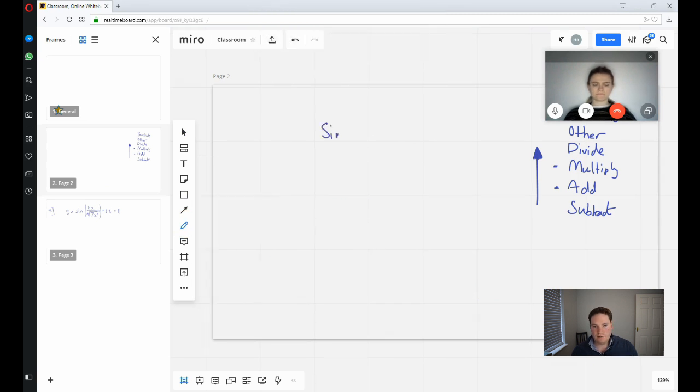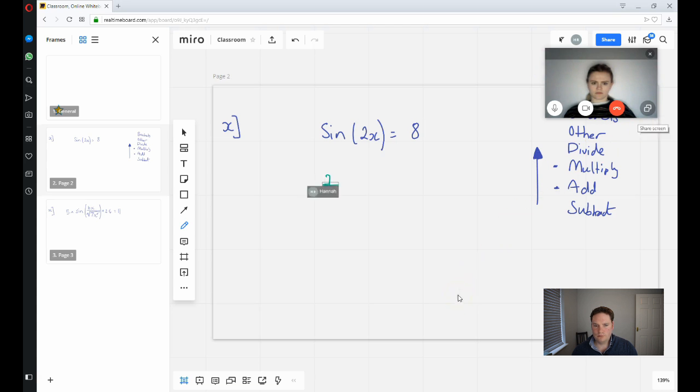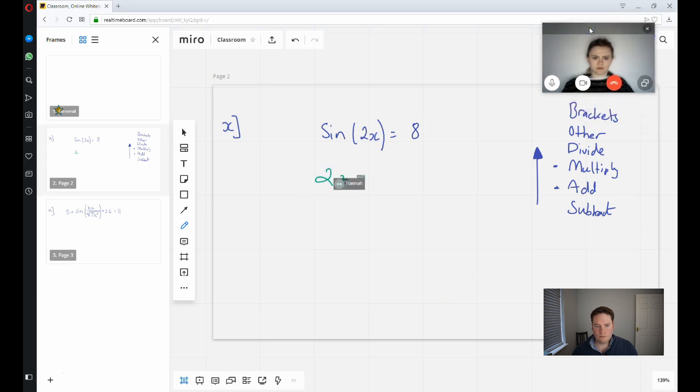So if we had sine 2x equals 8, let's see if you can rearrange that to make x a subject. Right.